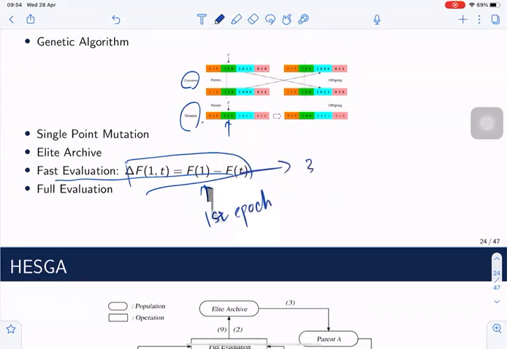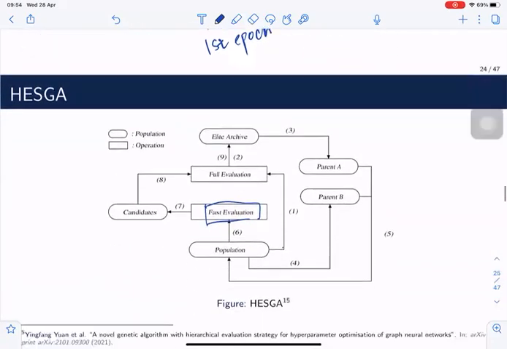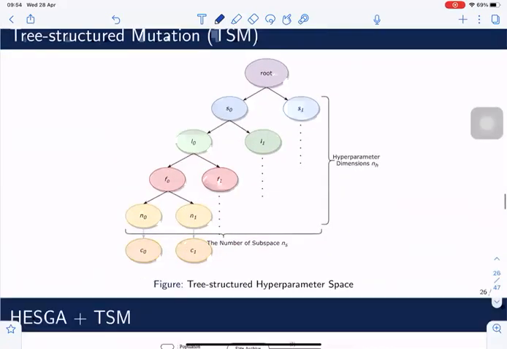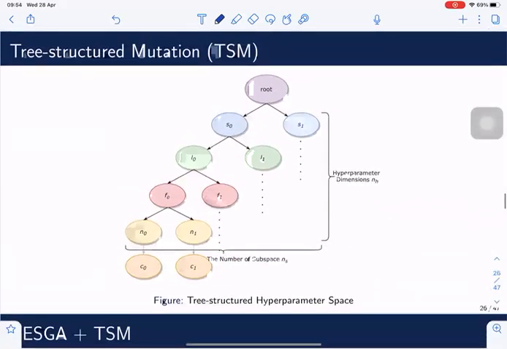Let's see, like the epoch. And we find we only keep the one with the largest difference, because we think they are promising. And after that, in order to improve the HISCA, we proposed the tree-structured mutation.